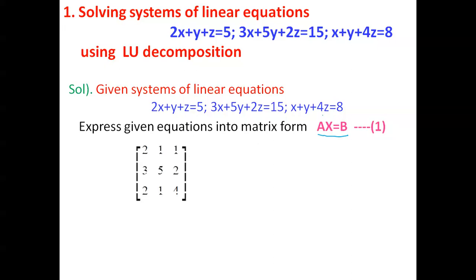So write the A matrix: 2, 1, 1, the X coefficient 2, Y coefficient 1, Z coefficient 1. In the second linear equation, the X coefficient is 3, Y coefficient is 5, and Z coefficient is 2. In the third linear equation, the coefficients are 2, 1, 4.